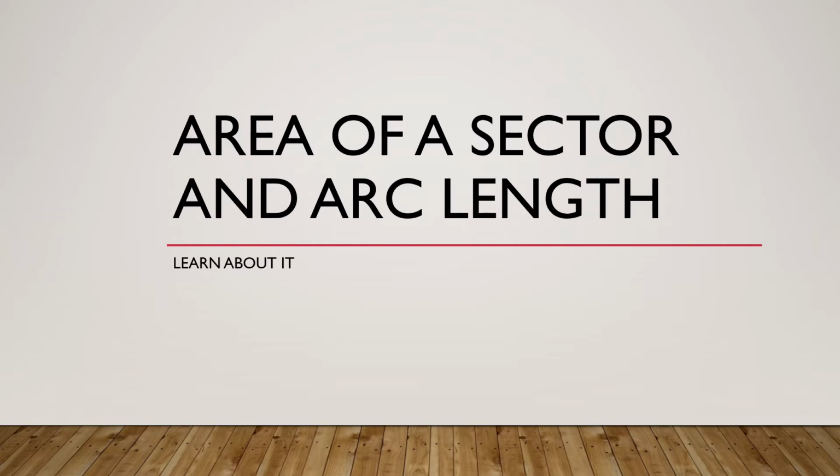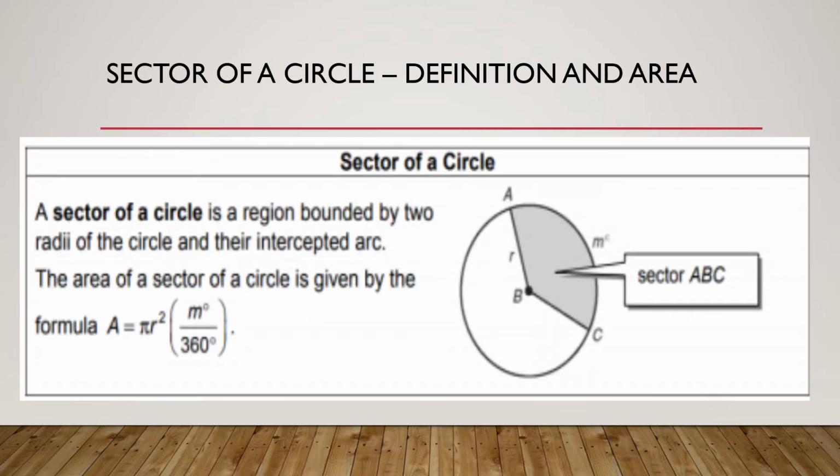So for our Learn About It, we're going to be learning about area of a sector and arc length. So first, for some vocabulary, when we are talking about the sector of a circle, we are talking about the region that's bound between two radii and its arc. So this is shaded in area here.